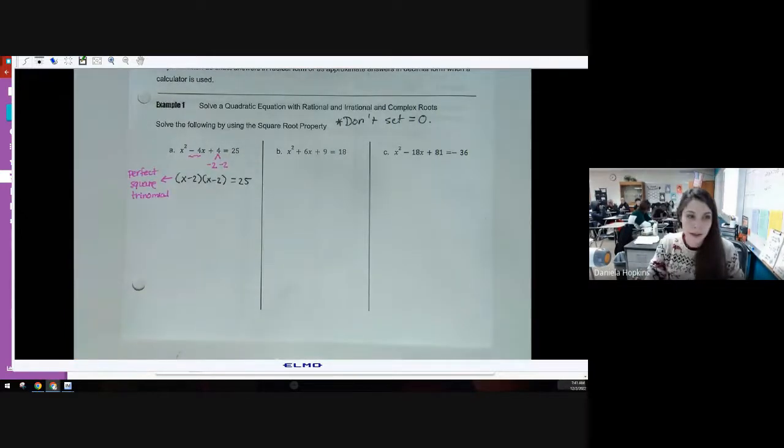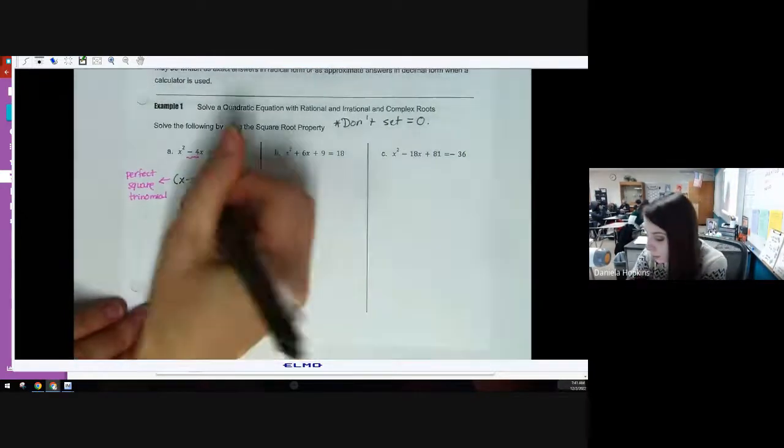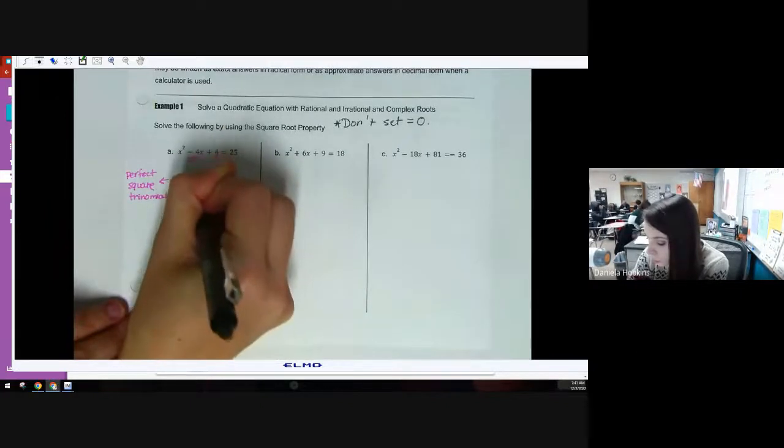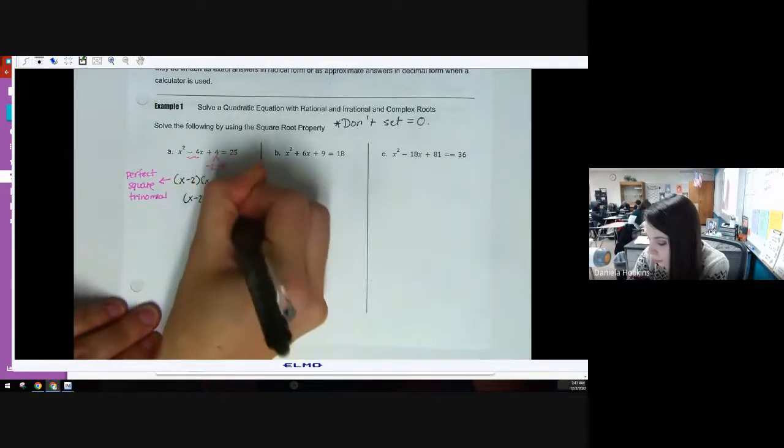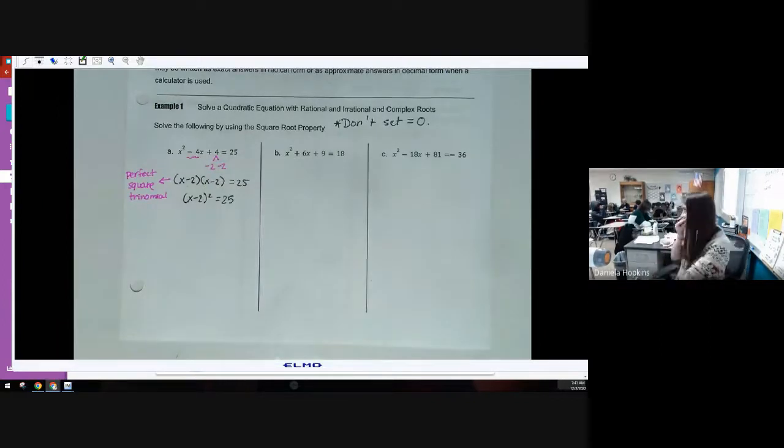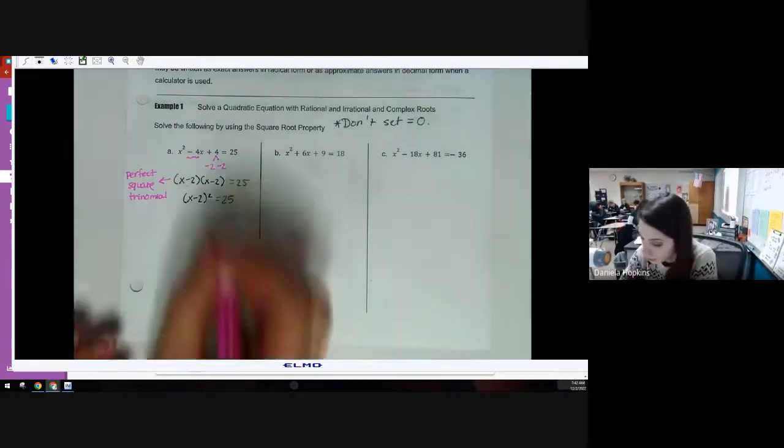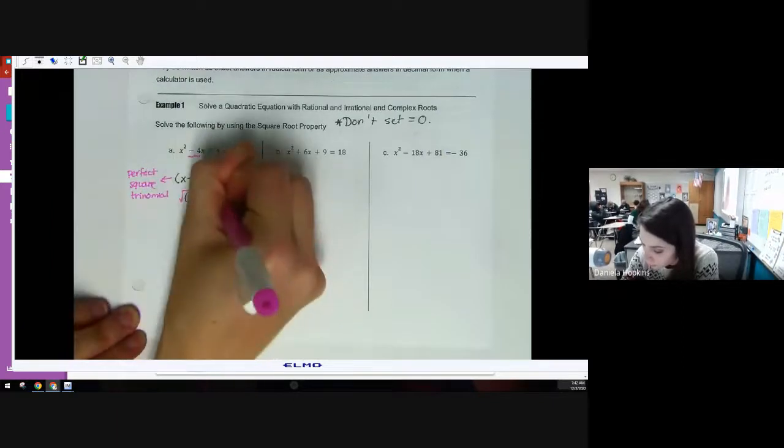And all that means is that instead of writing this factor twice, what if I wrote this as x minus 2 squared equals 25? Is that okay? You guys understand why those two are equal? Okay, so once I have something squared, let's just take the square root of both sides.